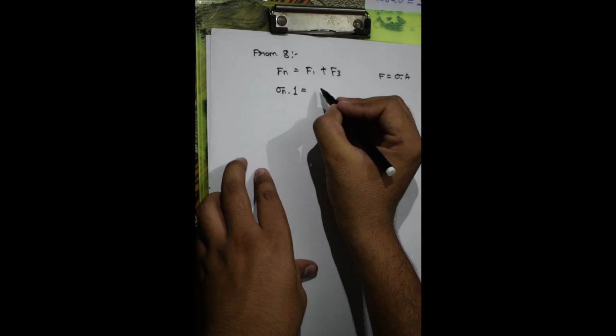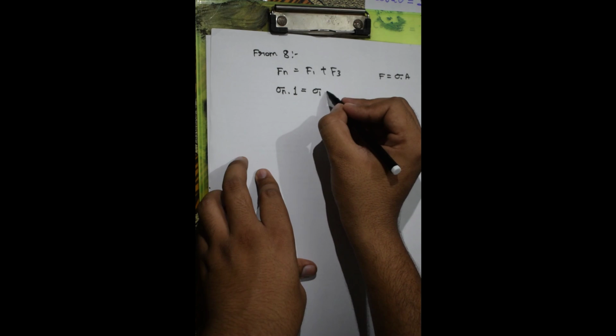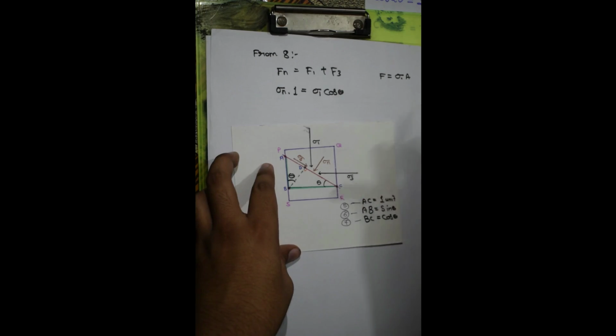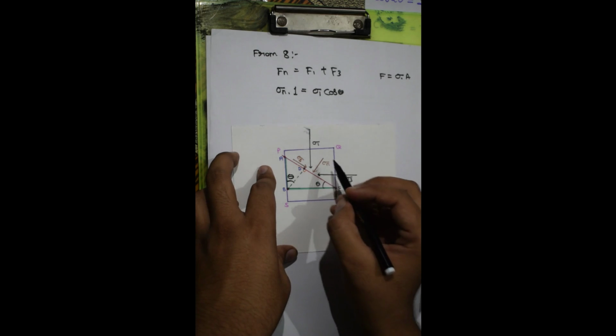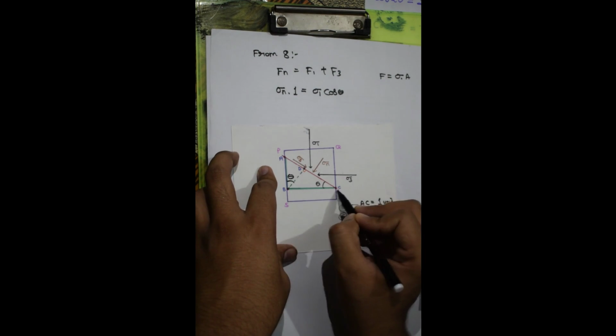Okay, so this F1 is equal to sigma 1 cos theta. From equation number 4, we can see that this is sigma 1 that is being applied along this BC.